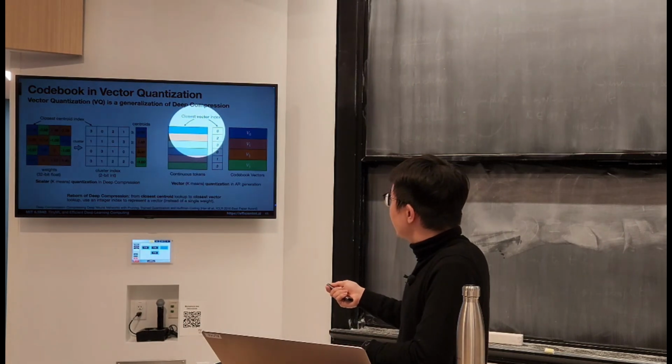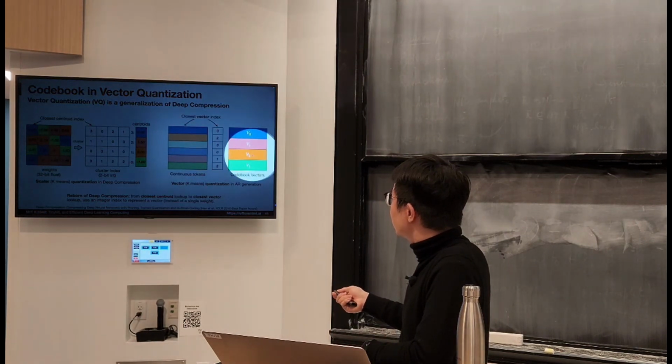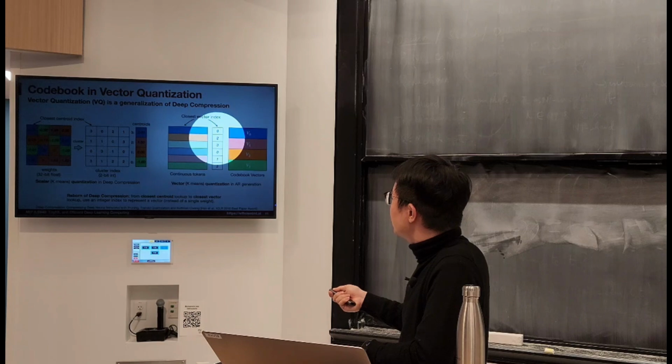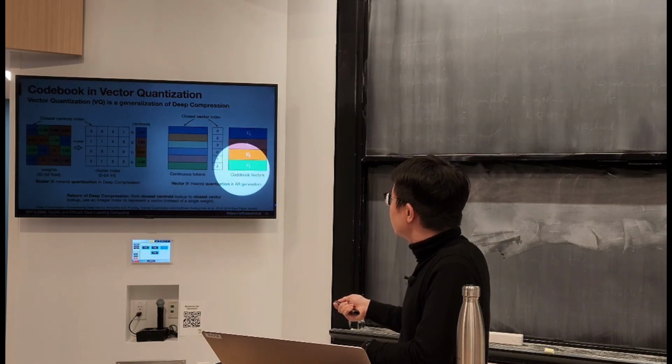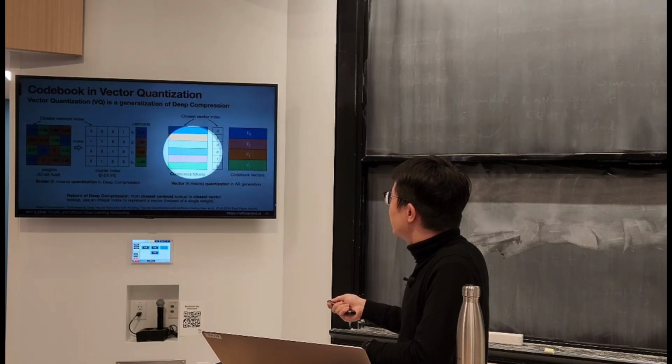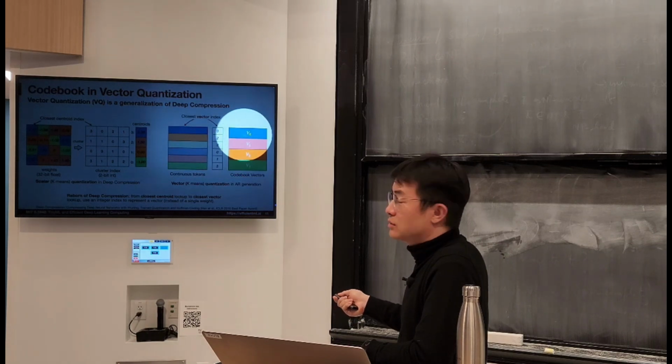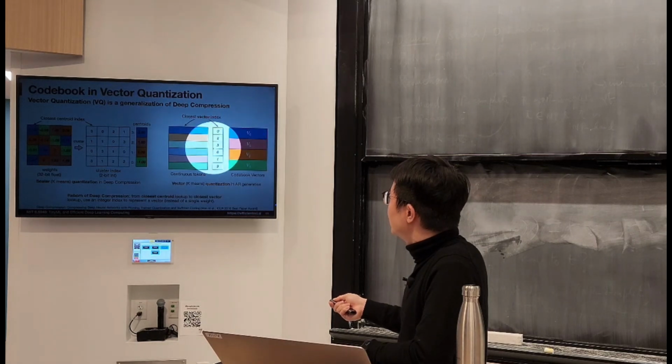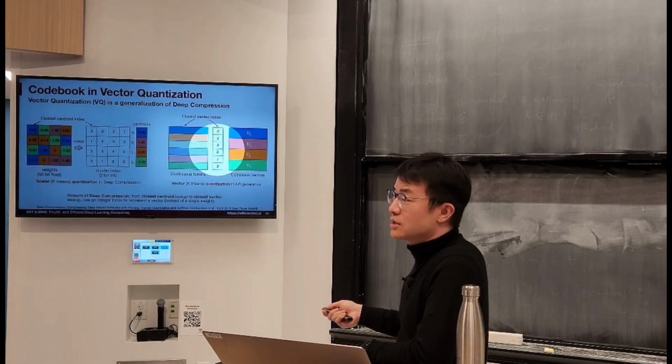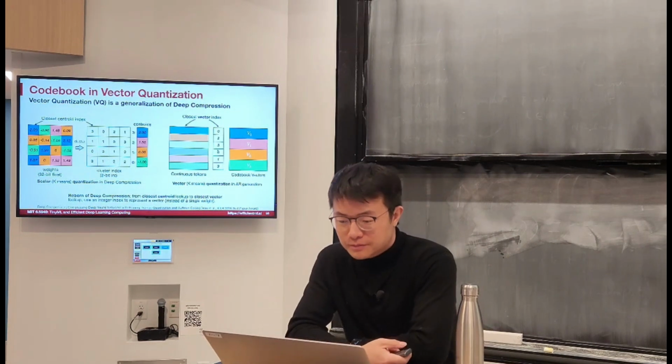For example, for this vector, the closest color is probably right here, so we store index 2. This color is different from any of them, but the closest one is V3, so we store that index. The blue is closest to this entry in the codebook, therefore we store entry 0, the index of 0.